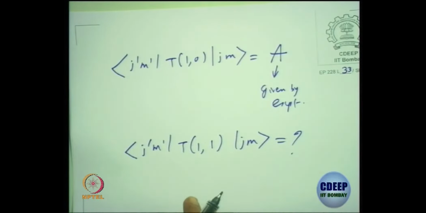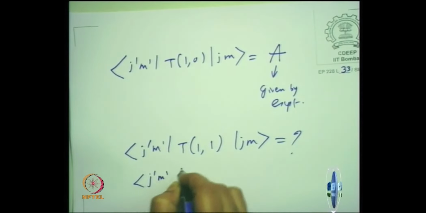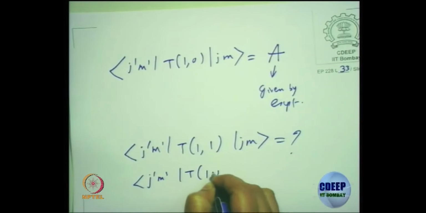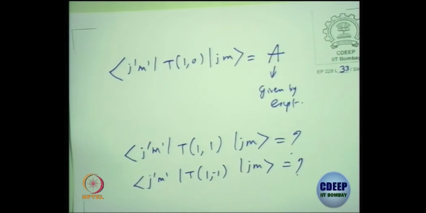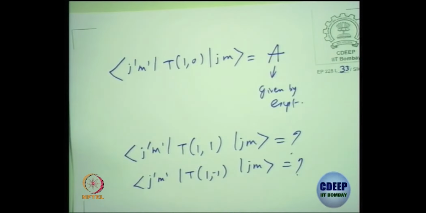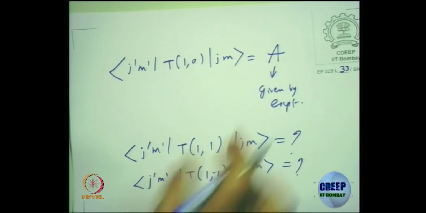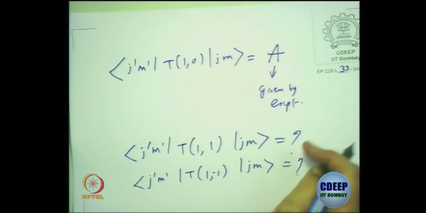After you measure, you can also do similarly, you can also find out what is this. If you find out both, you can take a linear combination and determine the x component of the dipole moment, and you can take the y component. So now my question is, use the Wigner-Eckart theorem definition and determine in terms of A what this is.